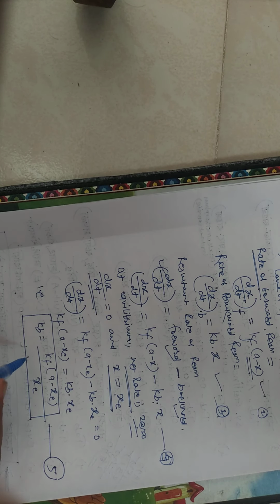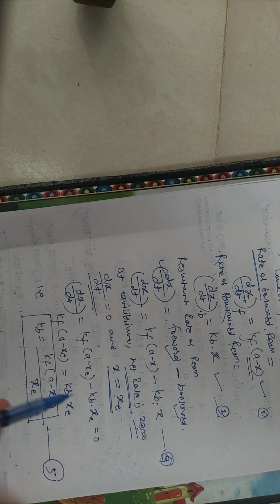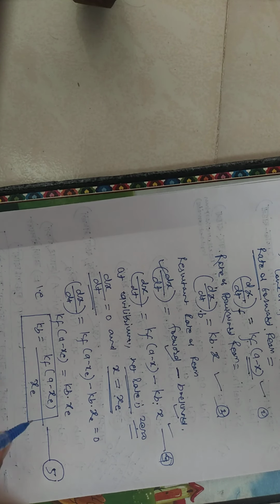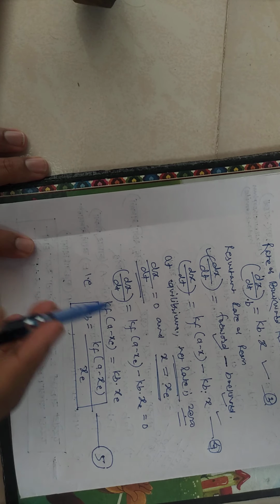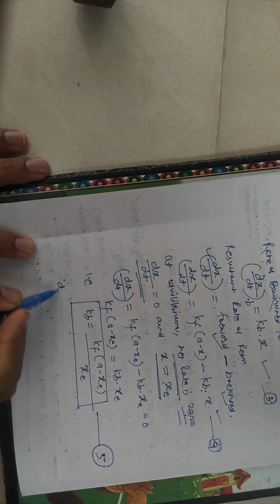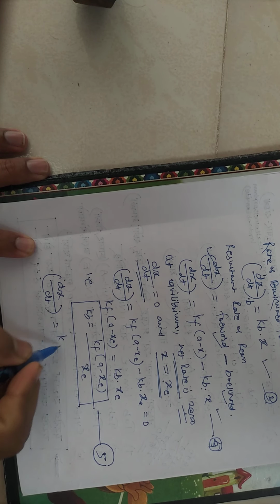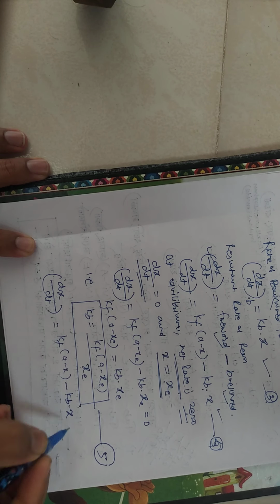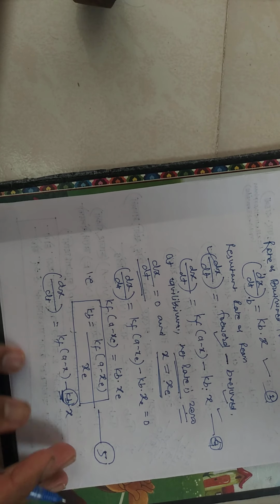Now if we substitute this value of kb into equation number 4, we will get the equation like this. See here, this is your equation number 4, that is dx by dt is equal to kf into a minus x minus kb into x. We have to put the value of kb into this equation.